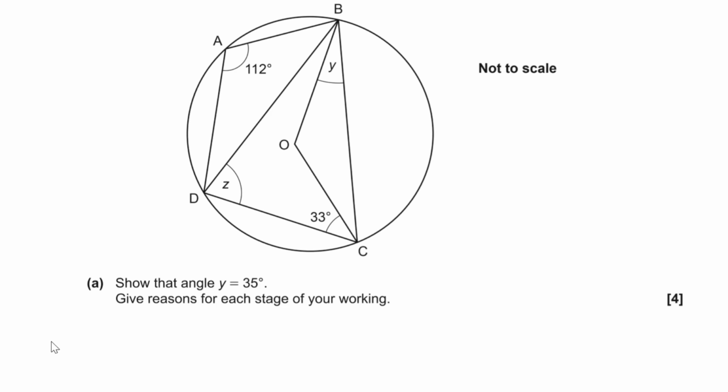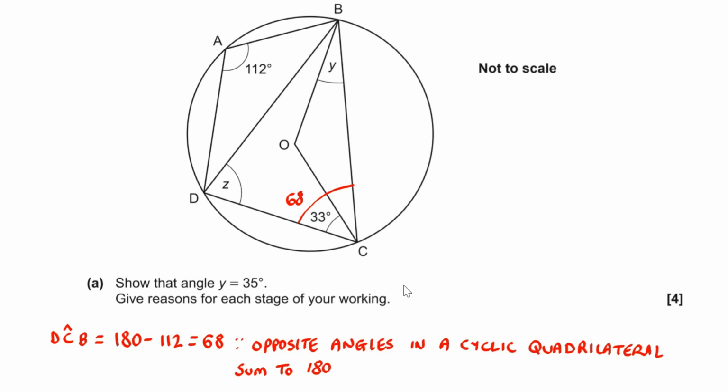So the angle DCB equals 180 take away this 112, which is 68. So therefore this total angle is equal to 68 degrees. And the reason for this, opposite angles in a cyclic quadrilateral sum to 180.